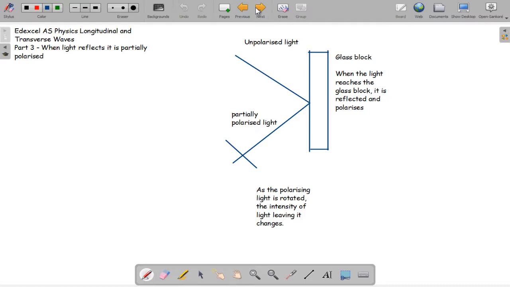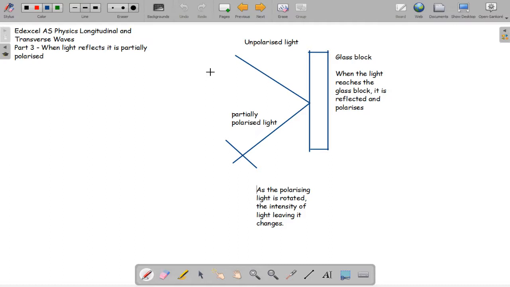If you direct the beam of polarized light at a reflective surface, and then view the reflected wave through a polarizing filter, the intensity of light leaving the filter changes with the orientation of the filter. What that means is if I keep rotating it, I'll have a different intensity of light, because of the amount of light at the angle that you're pointing the Polaroid filter at.